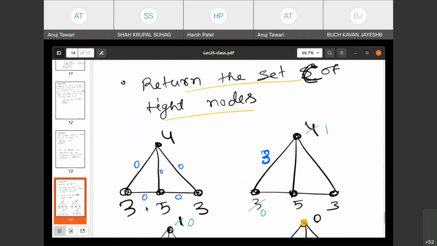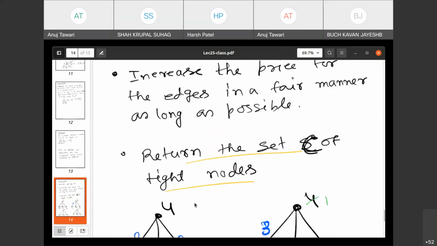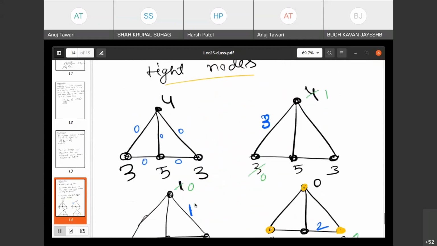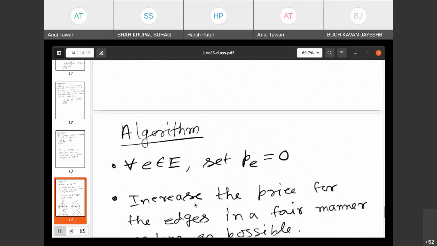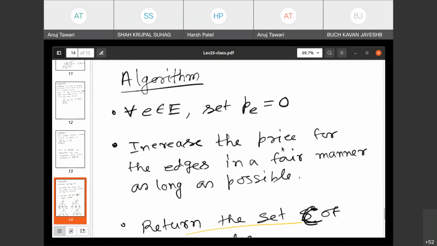So let's say we have this graph. These are the weights of the vertices, and what we want is the minimum weight vertex cover. Initially, we assign some prices to the edges. Let's assign the minimum possible, assuming there are only non-negative weights, so we set the price to 0 for every edge.